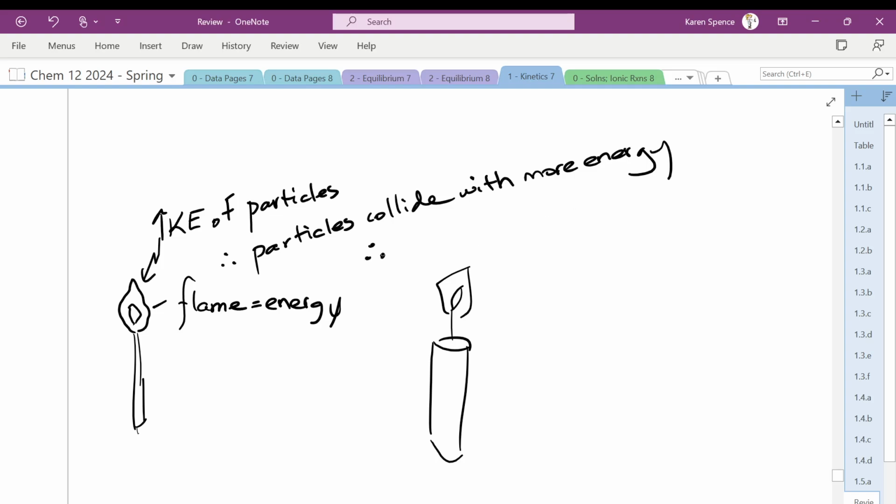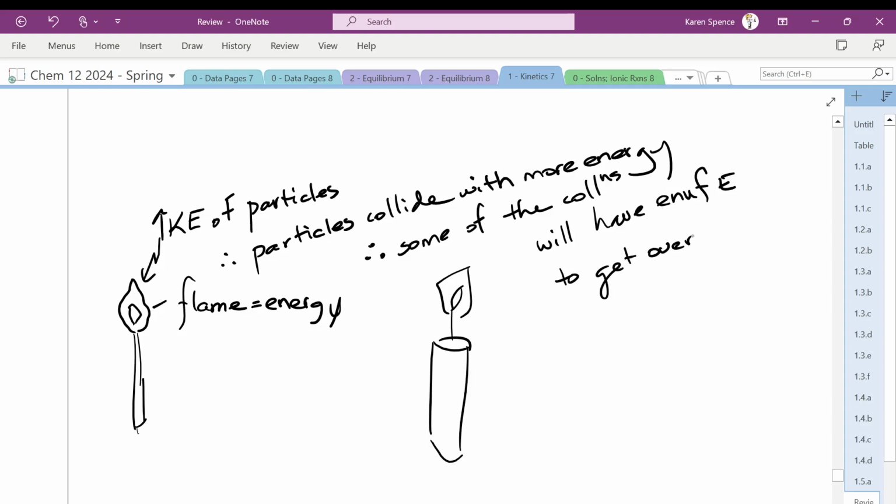Therefore, some of the collisions will have enough energy to get over the activation peak. Or you could say to achieve the activated complex, or something like that. All right, so that's why we needed the match.